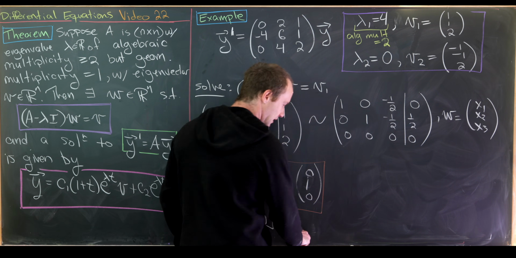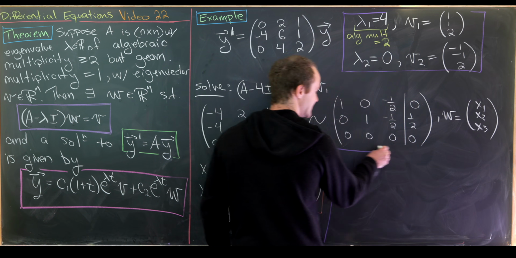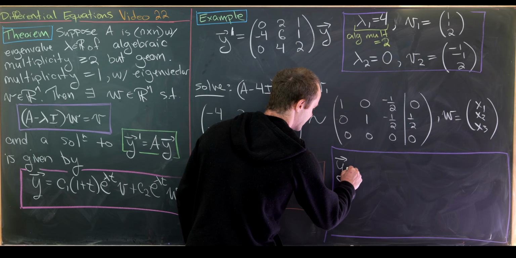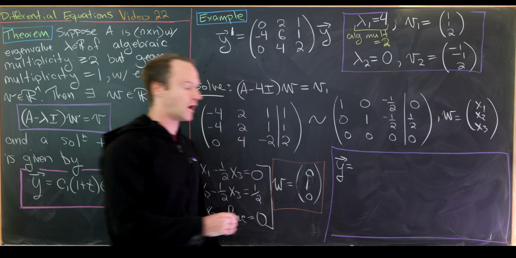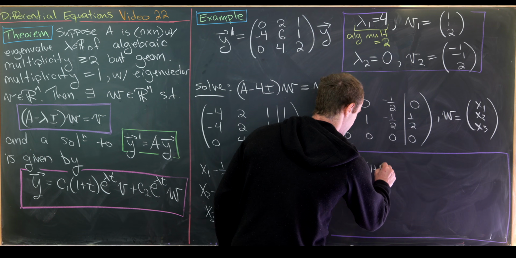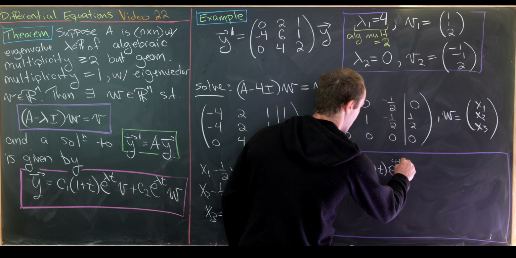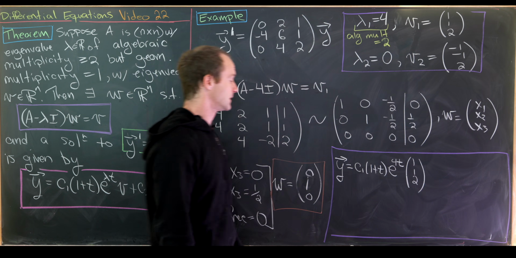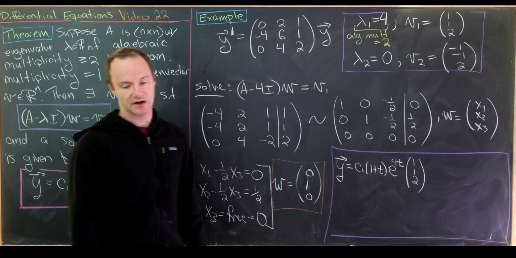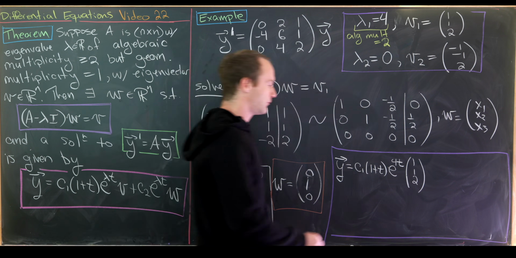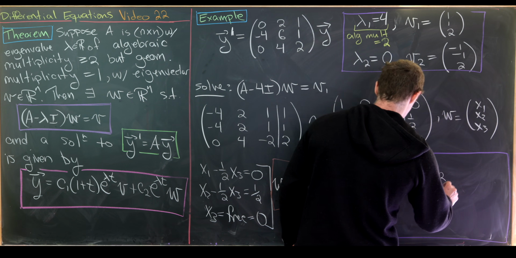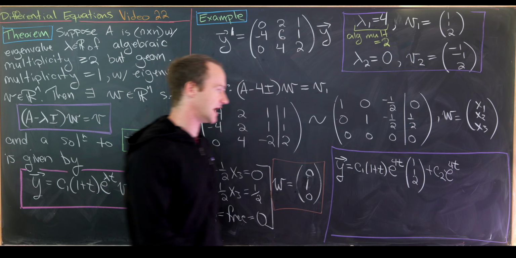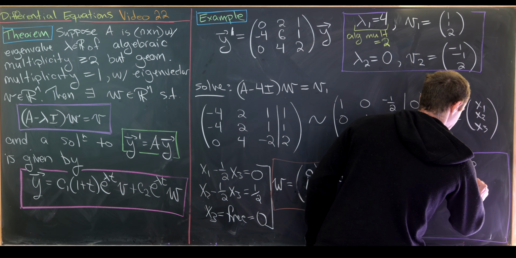Okay, so from all of this information, we're actually ready to write down our general solution. So our general solution will have the following form. We'll have vector y is c1 (1 plus t) e to the 4t, and then we'll have the vector 1, 1, 2. So that'll be associated to this eigenvalue. And then we'll have plus c2 times e to the 4t times this generalized eigenvector, which will be 0, 1, 0.